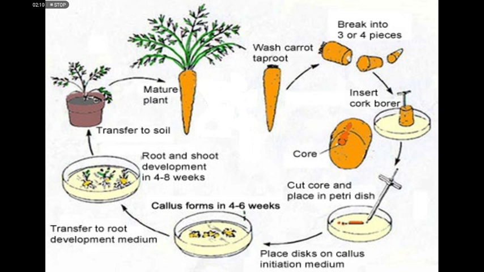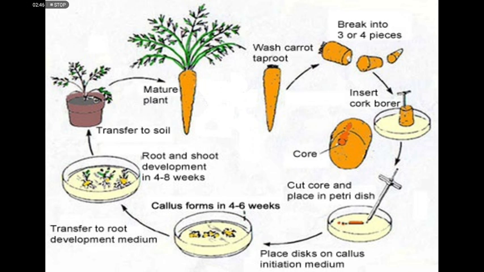Then using a cork borer, we cut a small piece, and this small piece is used as a cluster of cells and transferred into the nutrient medium, so that it produces a cluster of cells called callus within 4 to 6 weeks. Then we cut this callus into small pieces again for subculturing.